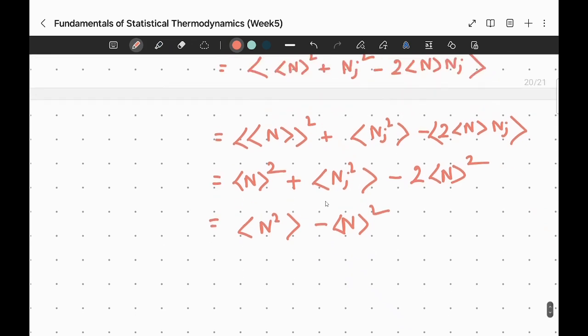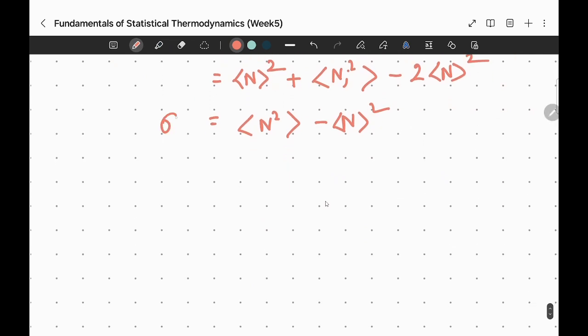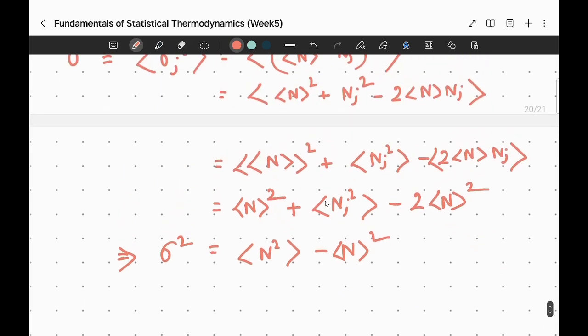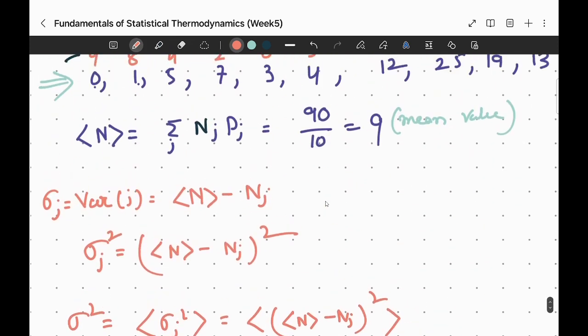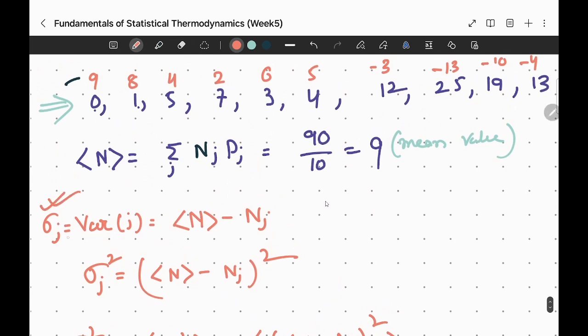So this is the formula for our standard deviation. What this standard deviation says is how much the original values are deviating from the mean value. That's why it essentially signifies the fluctuation.